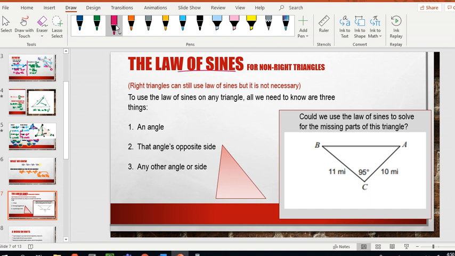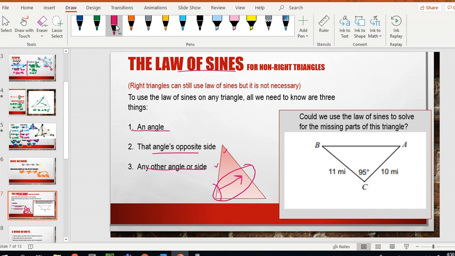So what do you need to be able to use law of sines? First of all, you are going to have some numbers, because I did get some complaints about where the numbers are. You need an angle and the angle's opposite side. We're going to circle these and use what you're given right away, and then any other angle or side.